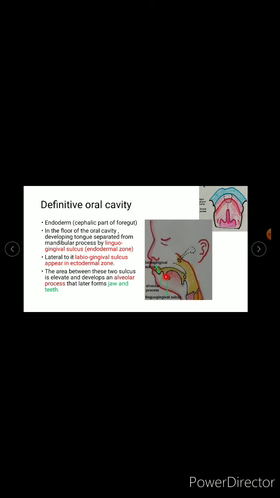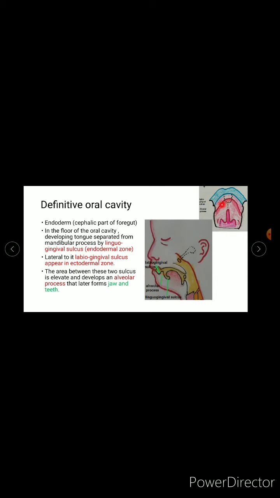Lateral to this sulcus, it is the labiogingival sulcus, which appears in the ectodermal zone. The area between these two sulcus is elevated and develops an alveolar process, that later forms jaw and teeth.